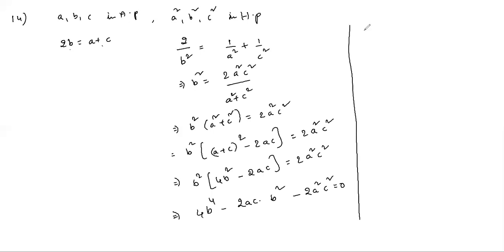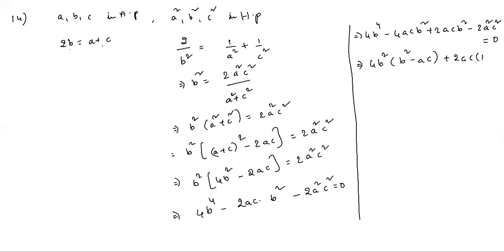4 into 2, 8. So 4b power 4, and the 8 you can write as minus 4ac b squared plus 2ac b squared minus 2a squared c squared equals 0. 4b squared common, b squared minus ac, plus 2ac common, b squared minus ac equals 0. So (4b squared plus 2ac) into (b squared minus ac) equals 0.